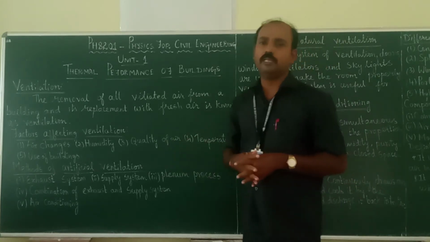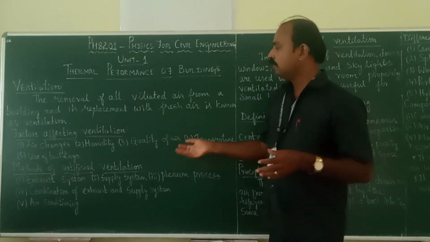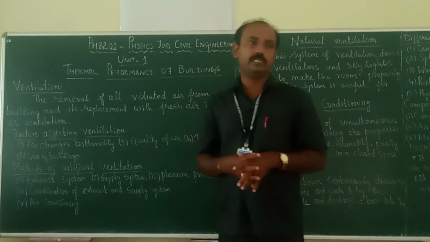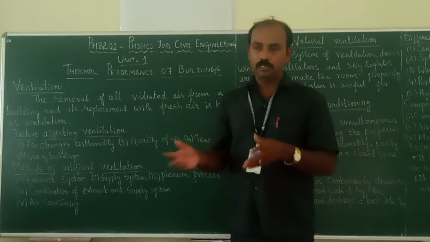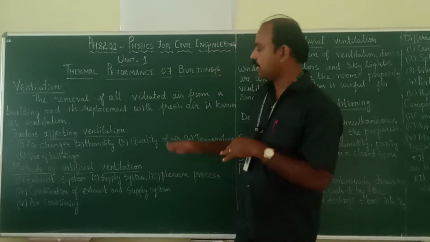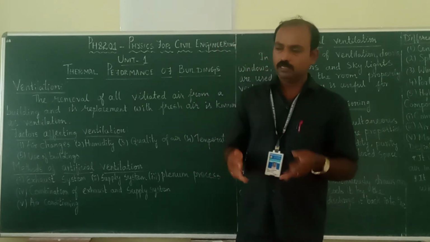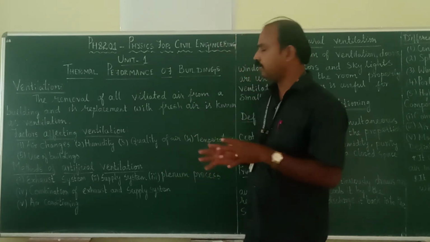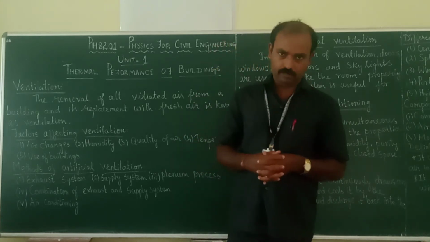Then another very important one is air conditioning. The air conditioning method also acts as ventilation. Fresh air is continuously supplied to the room with the help of external agents. All these external devices are used to maintain the air quality inside a building at a healthy level.